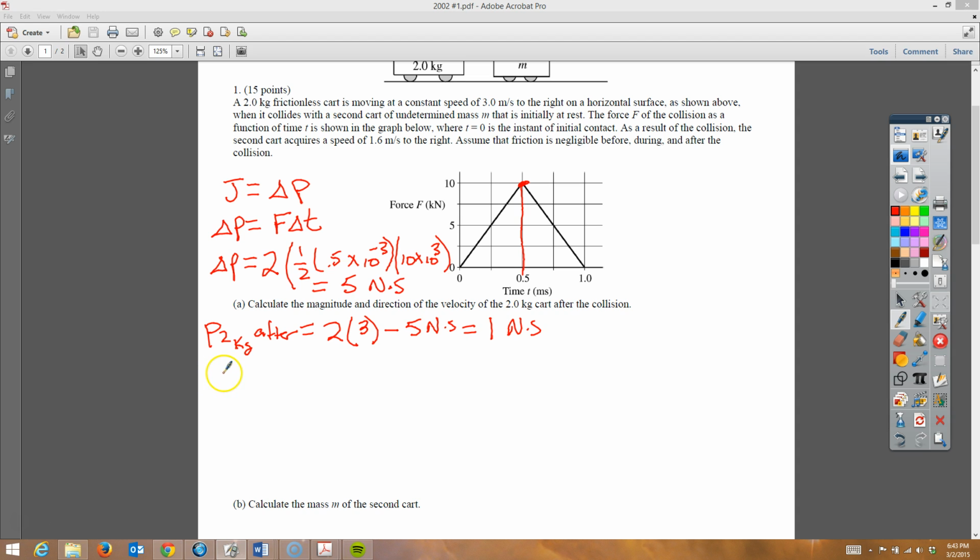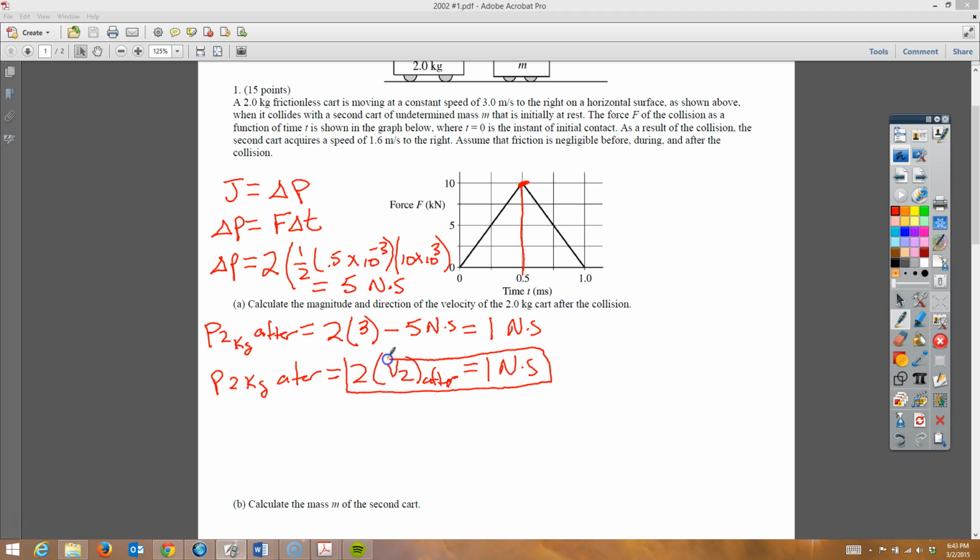The other thing we can do is find the velocity of this cart afterwards. The momentum of the 2 kilogram cart after the collision is equal to its mass times the velocity after the collision, and that's equal to 1 newton second.